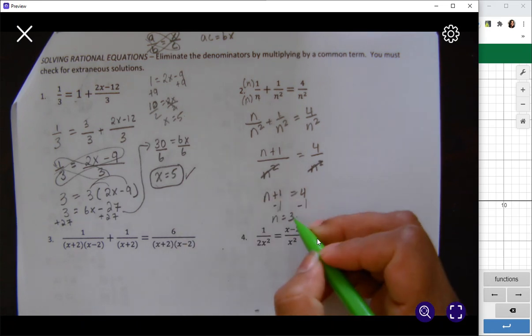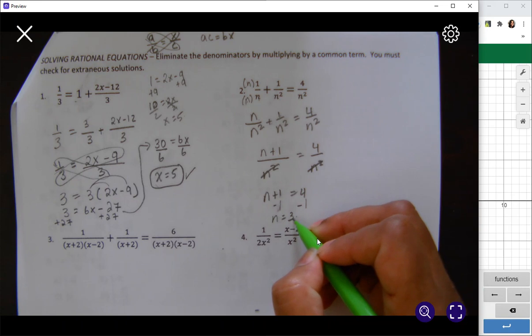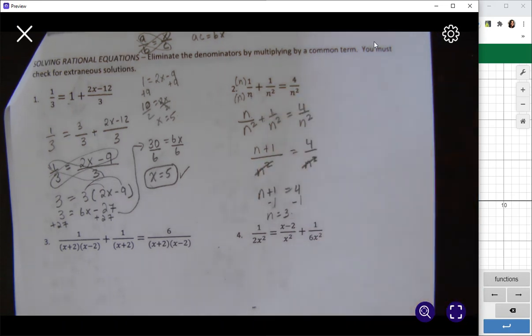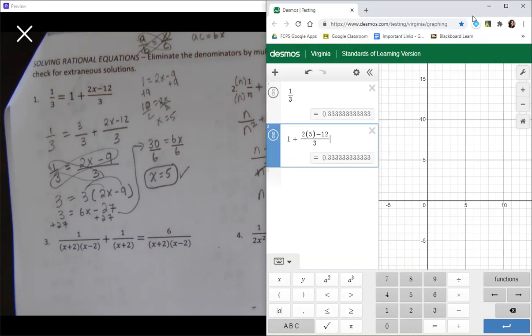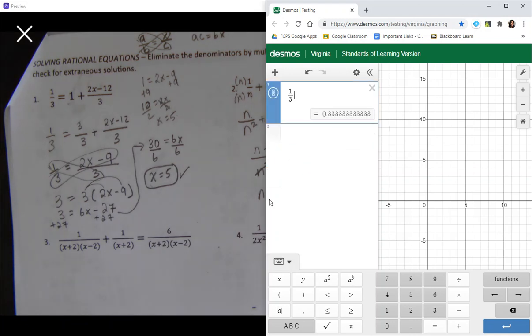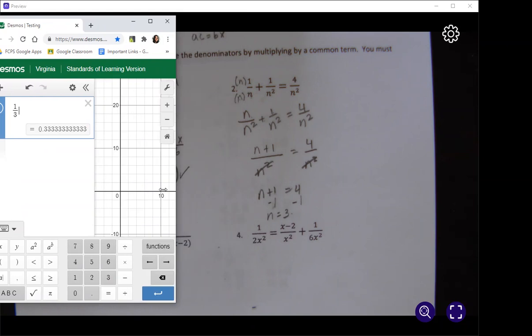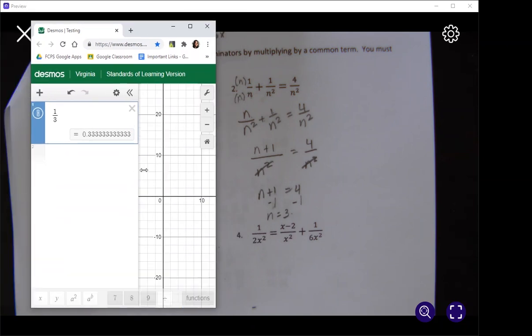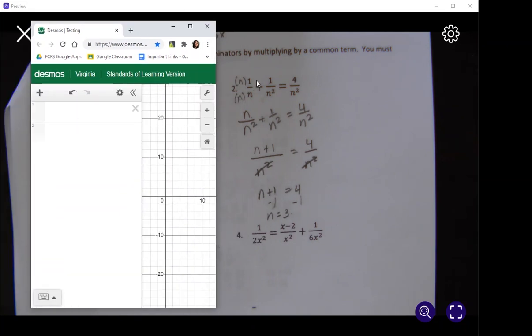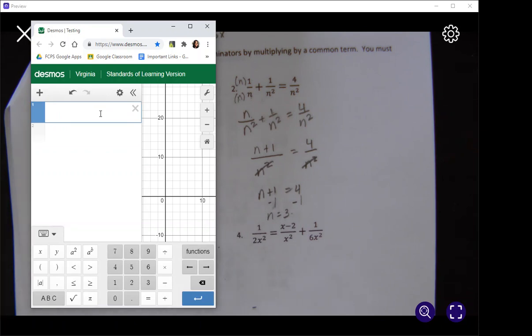Before I say this is it, I have to check it. I have to plug it back in here. Okay, so I'm going to do that in Desmos. Alright, so here's my left side. You have 1 over n, and instead of n, I'm going to plug in 3.